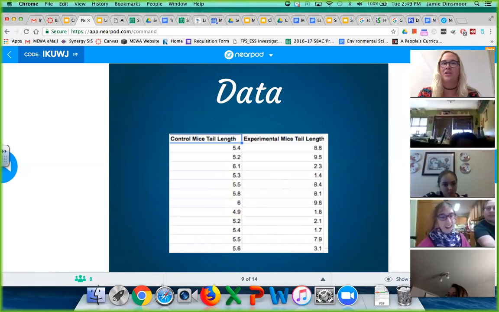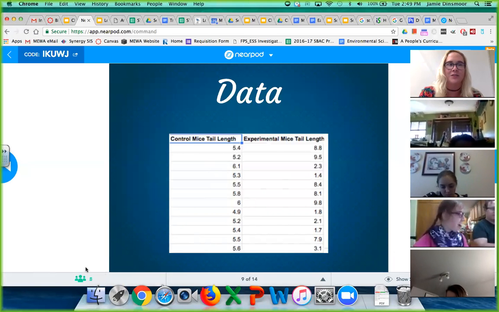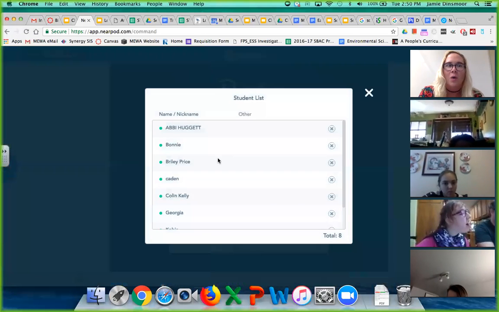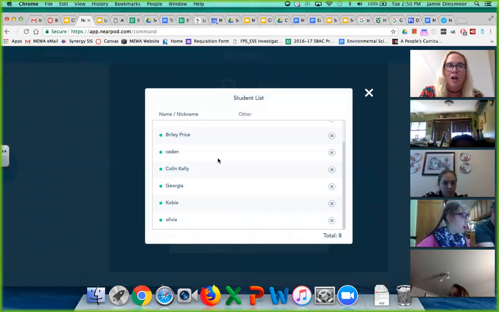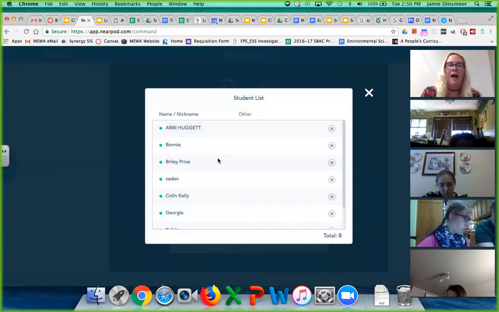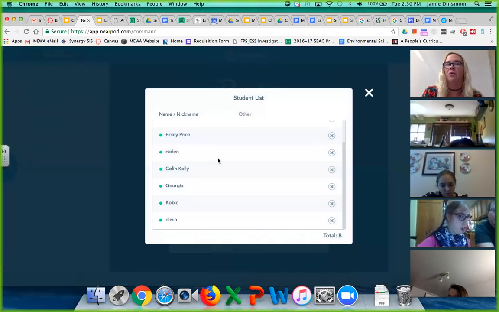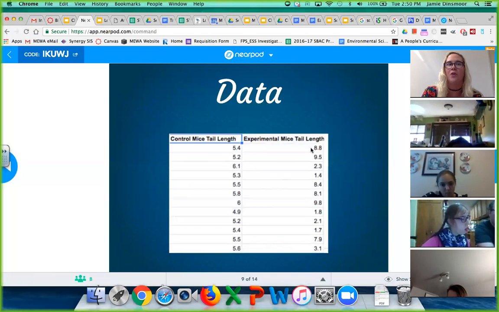Okay, Bonnie's gonna do it, and who else is even, let's see. What about Abby or Colin? Would one of you guys want to help also calculate the experimental mice tail length average?